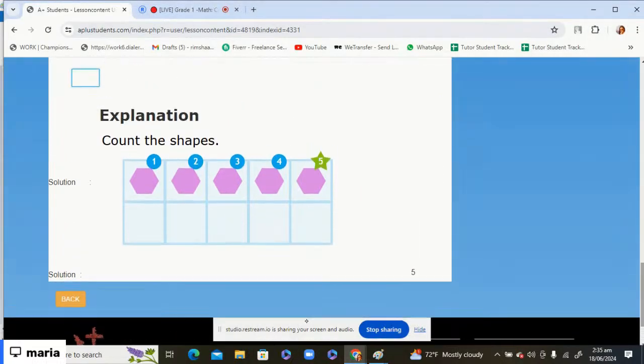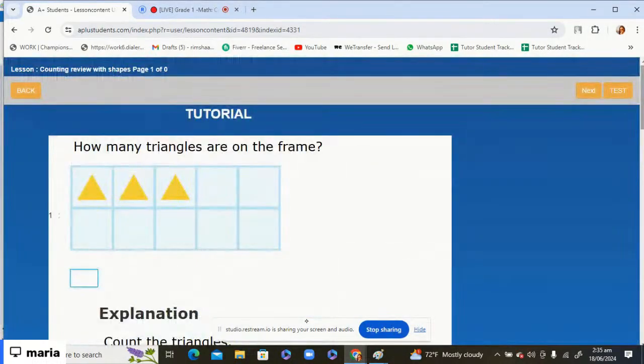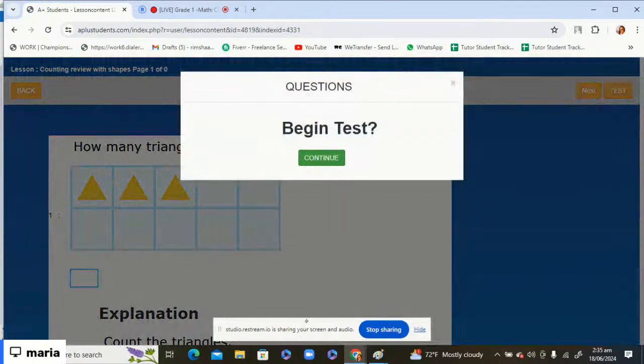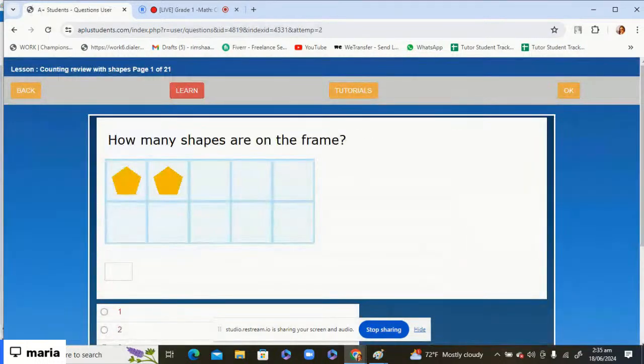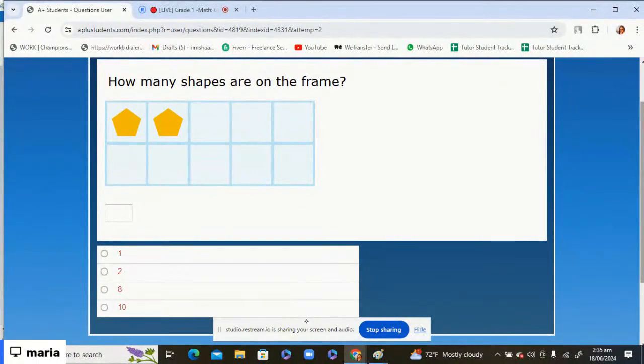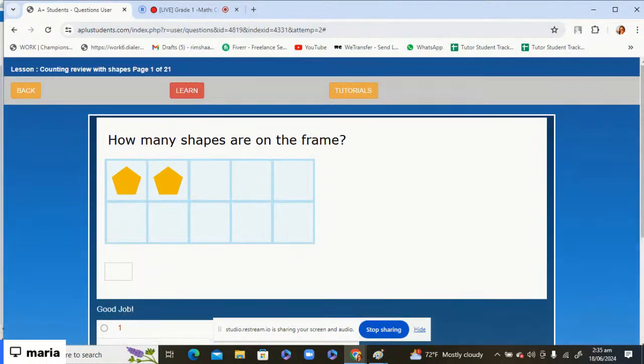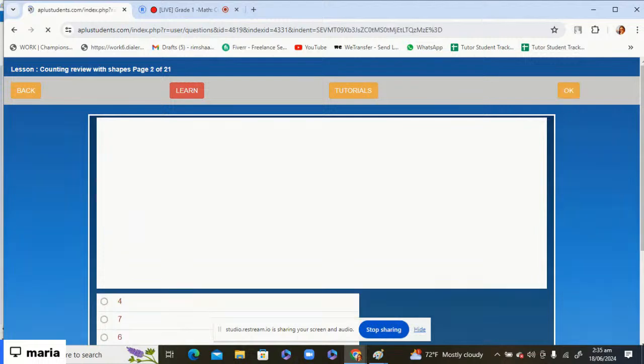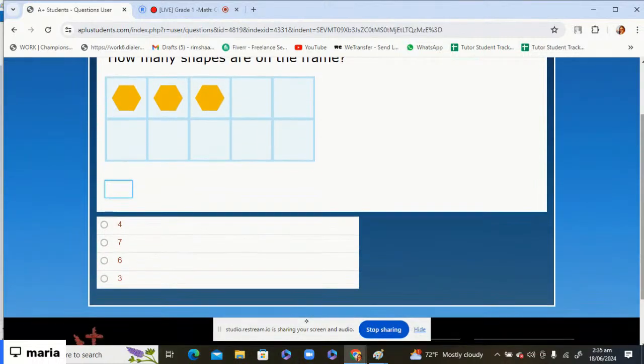Okay, now let's do some test questions. Okay. So, how many shapes are on the frame? How many of it? Total are one and two. So, here we're gonna write two. Let's check. Yes, it's right.